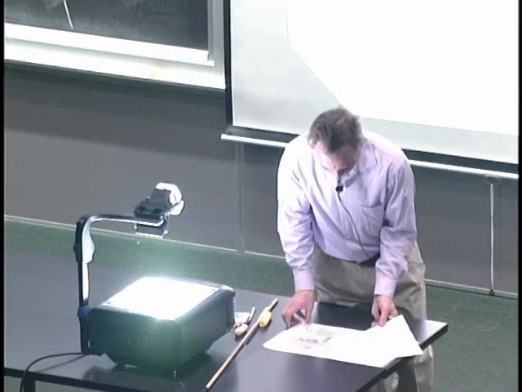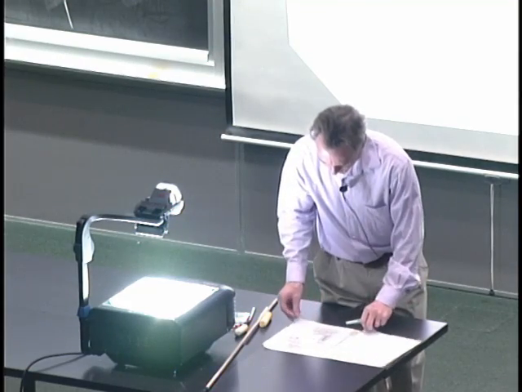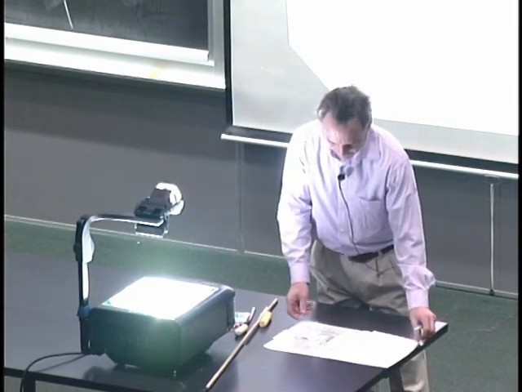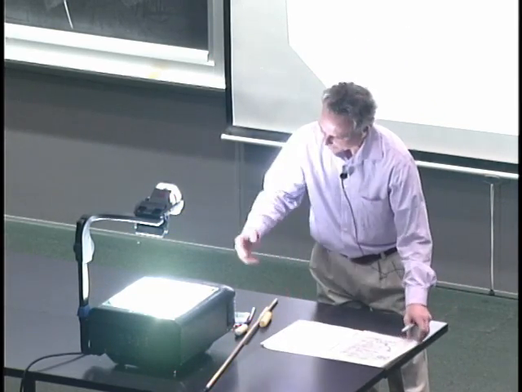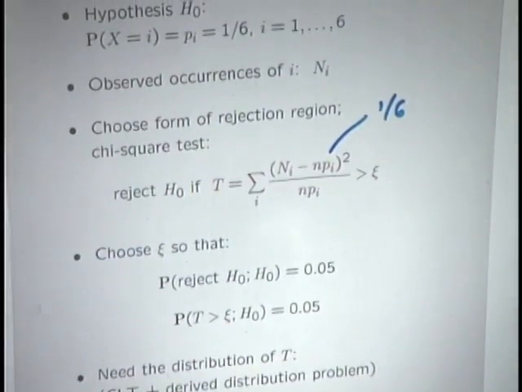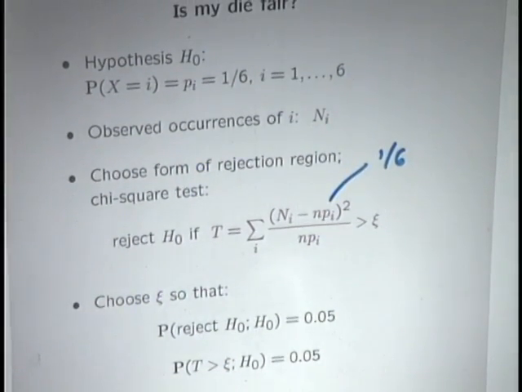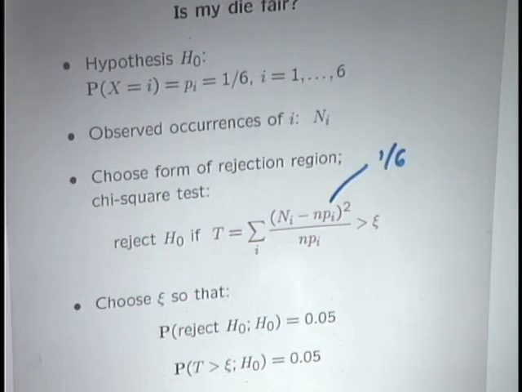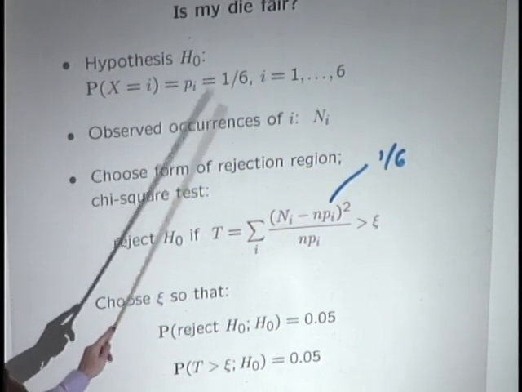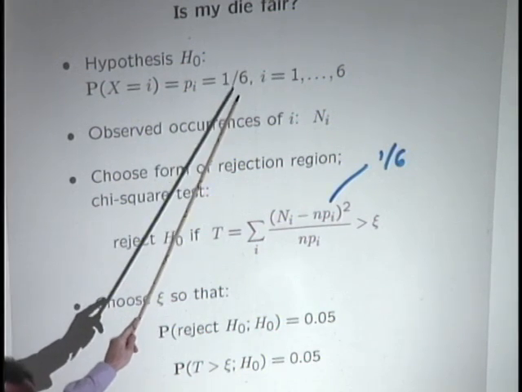OK. Now, to give you a sense of how complicated a hypothesis test one might have to deal with, let's make things one level more complicated. So here, you can think this x is a discrete random variable. This is the outcome of my roll. And I had a model in which the possible values of my discrete random variable have probabilities all equal to 1/6.